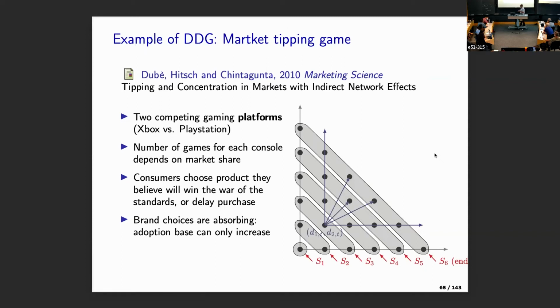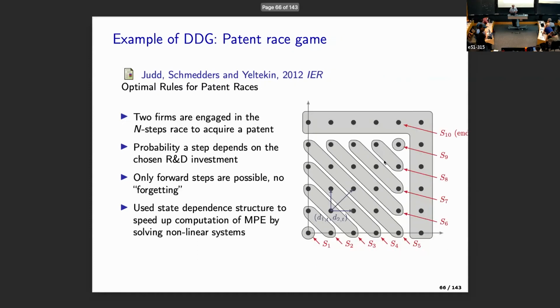And if you draw the state space of this game over here, then you see that the points on the diagonal are the points that constitute the stages through which the industry develops. And you have to assume that people don't switch between the platforms and don't throw them out, but this is the assumption made in the paper. And so you have this directionality of adoption. Here's another example.